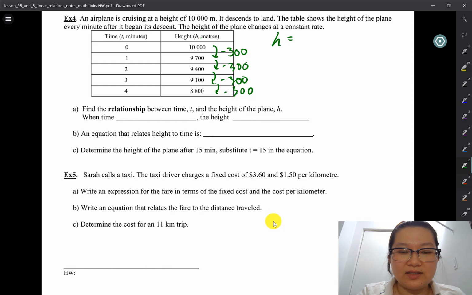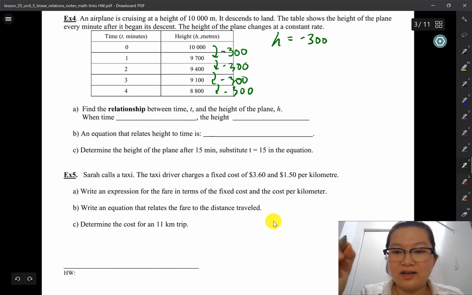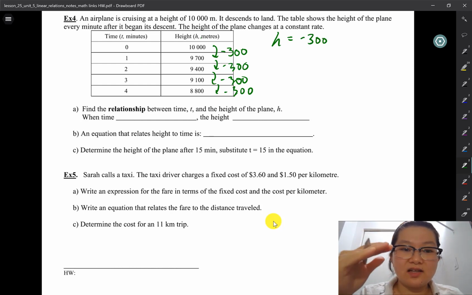At 0, it's at 10,000, and then at 1, it's 9,700. So I'm probably going to have negative 300 in here, because every minute the plane goes down 300 meters.